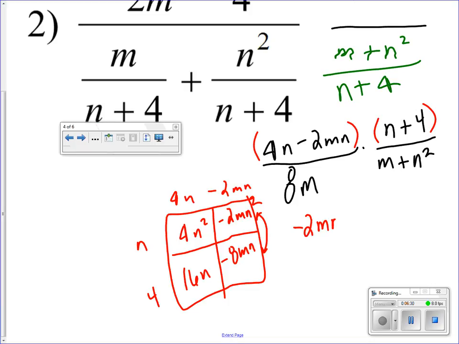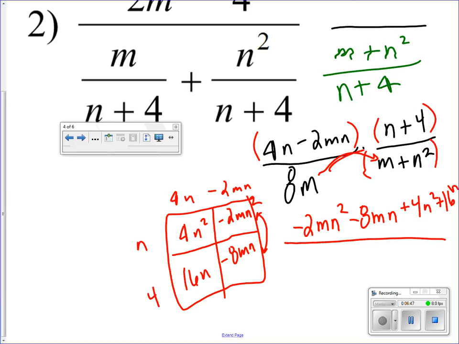So negative 2m squared minus 8mn plus 4n squared plus 16n. Neither of those has an m, so the n squared goes first. Okay, all over. Denominator is much simpler. We're just going to be distributing 8m squared plus 8m n squared.